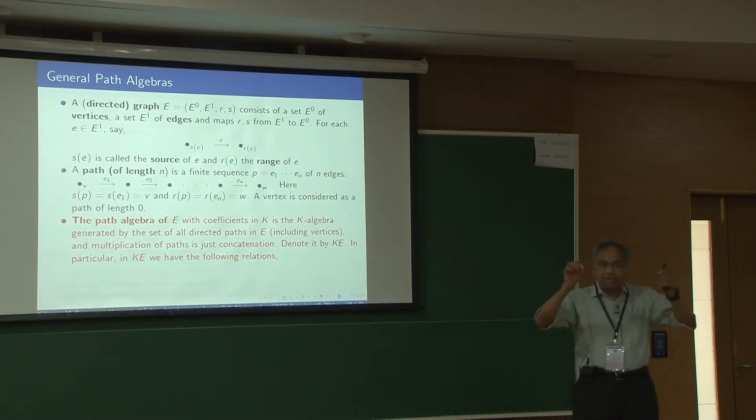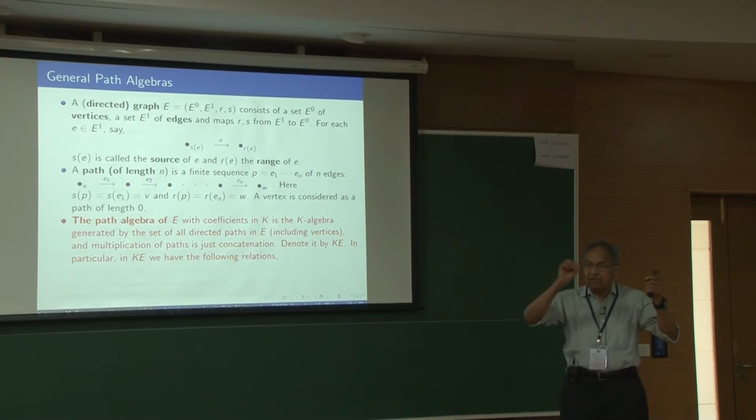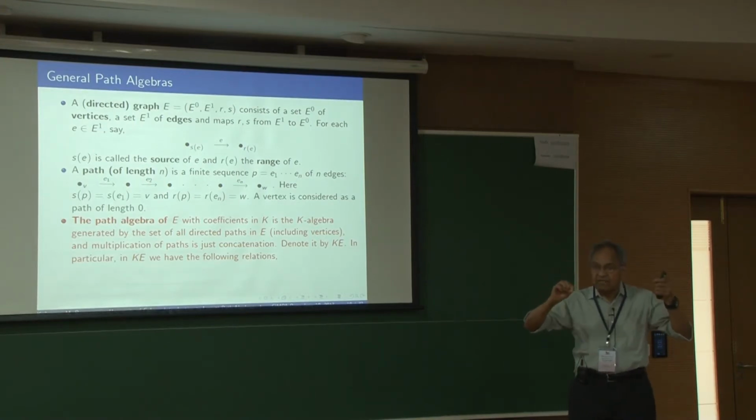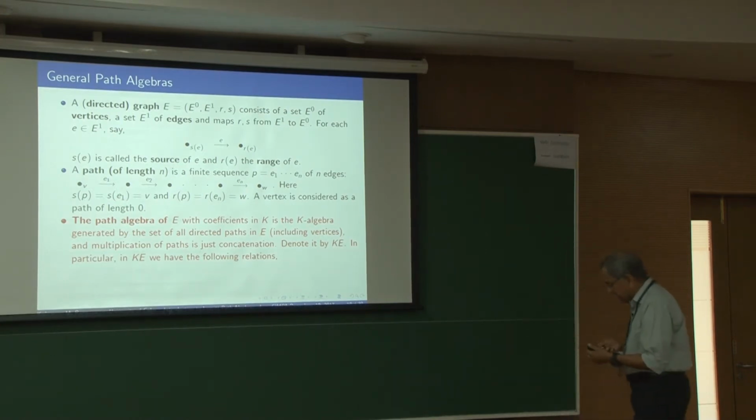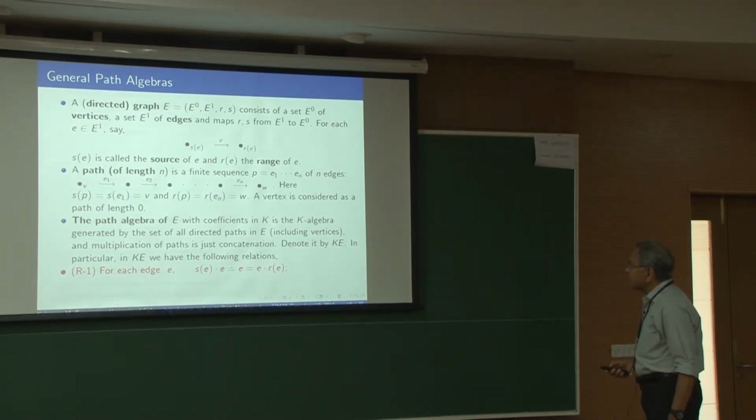If you have one path like this, and you have another path, and the end vertex of the first path is the same as the beginning vertex of the second path, you put them together. So that's a concatenation. Denote this algebra by KE. Then we have two relations satisfied by it. Given any edge e, when you multiply on the left by its source vertex, you will get e again.